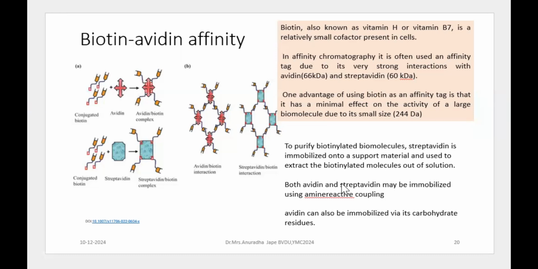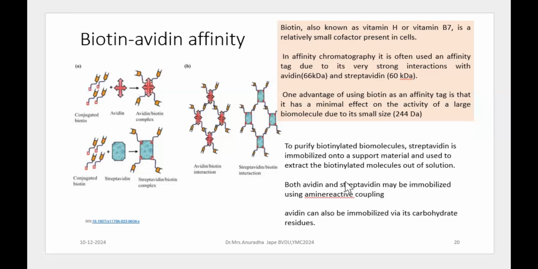So then what you are going to have, the column is going to be the support matrix, maybe silica gel or agarose, dextran, whatever different matrices we talked about in previous lectures are applicable here also. To the support matrix, you are going to add the ligand. The ligand is going to be either avidin or streptavidin, right?